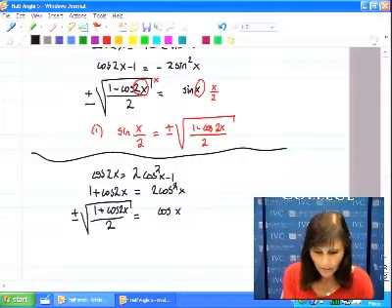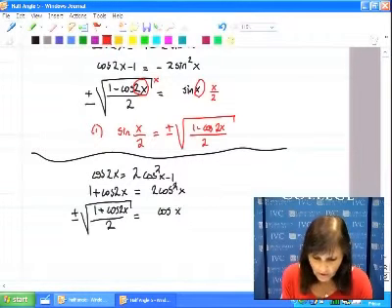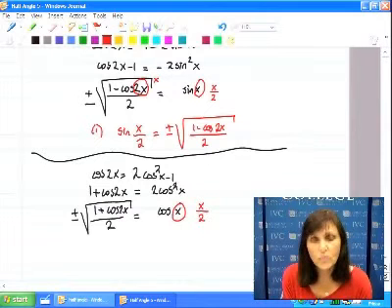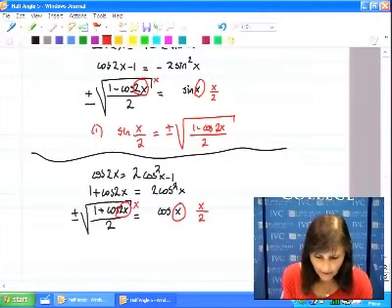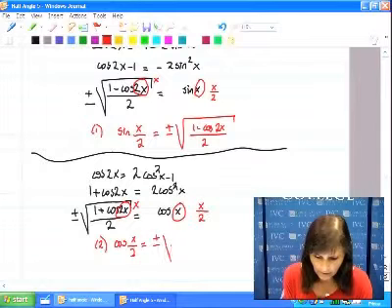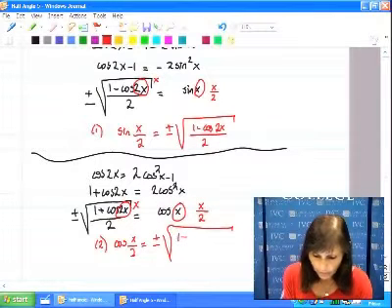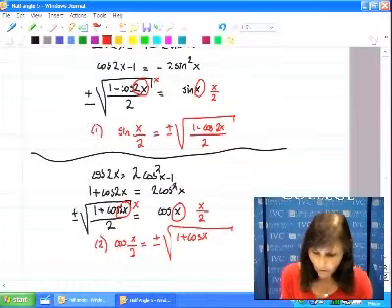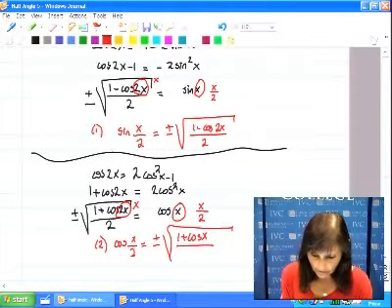We are going to do the same trick. Instead of x, I'm going to write x over 2. So 2x will be simply x then. And that will give you the second half-angle formula. Cosine of x over 2 equals plus or minus the square root of 1 plus cosine x over 2.